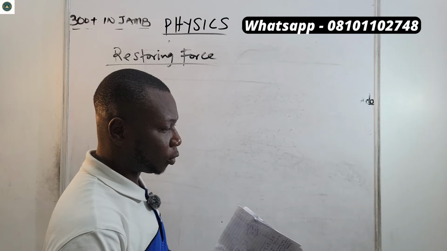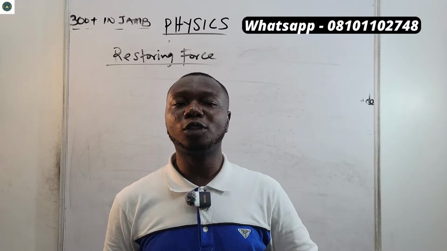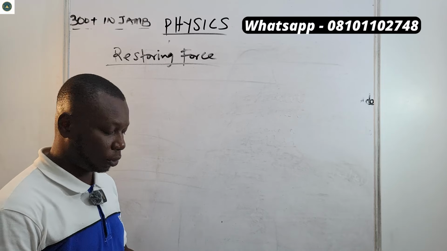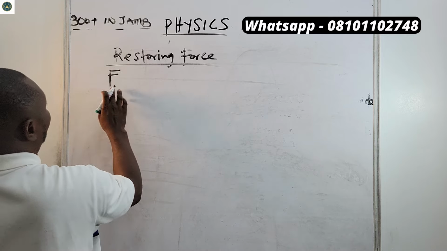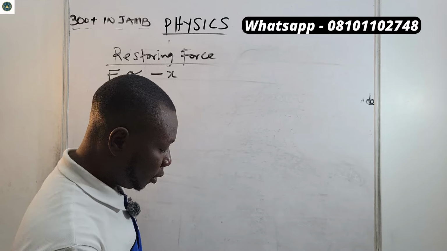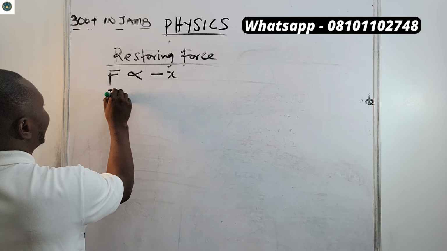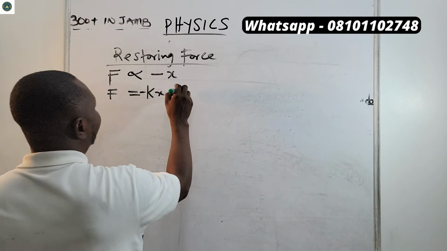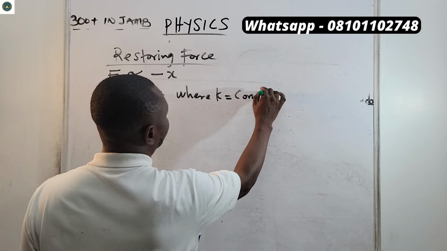Now, why do we say restoring force? Restoring force simply means the force that tends to move the spring back to its original position. That's the restoring force. So we are made to understand that the restoring force is directly proportional to what? To the displacement. So if that is directly proportional to the displacement, that means that F equals minus Kx, where K is a constant.